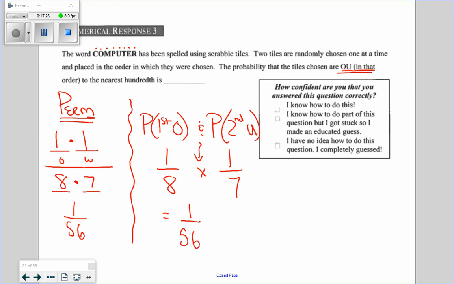So nearest hundredth, what would that round to? 0.02.